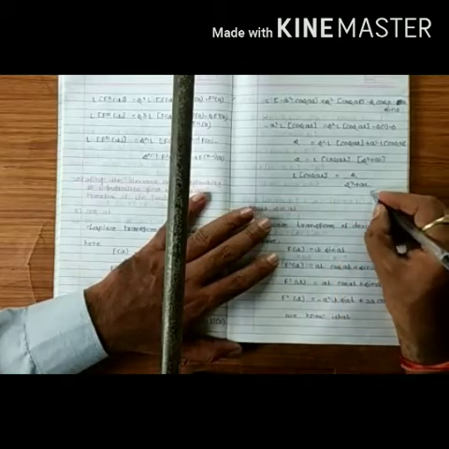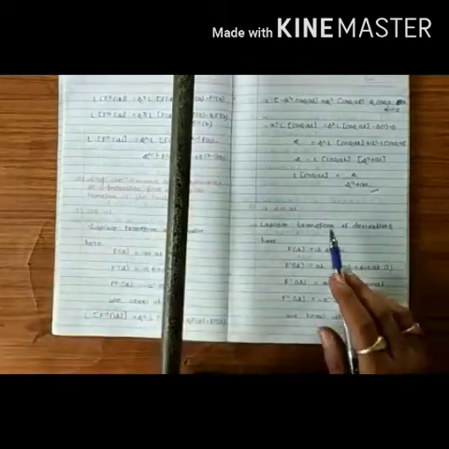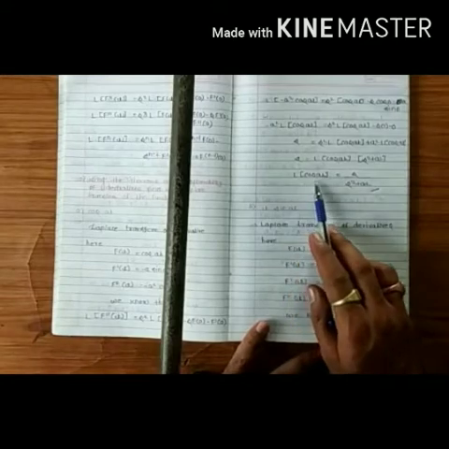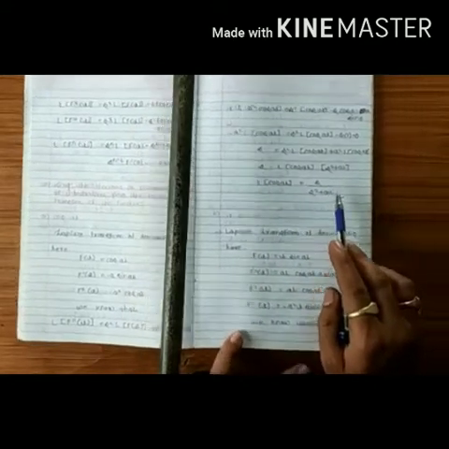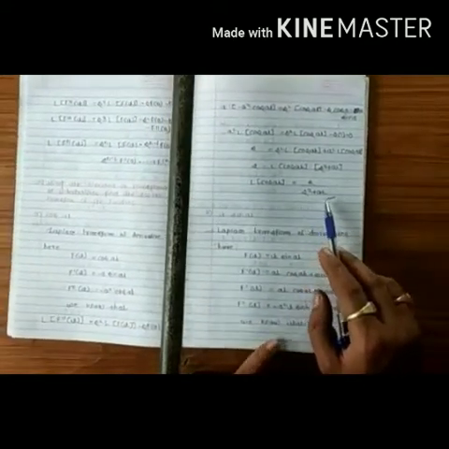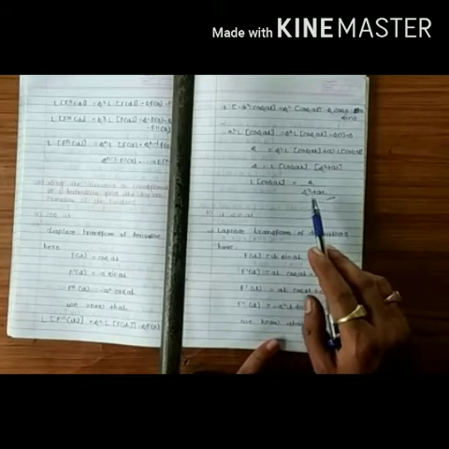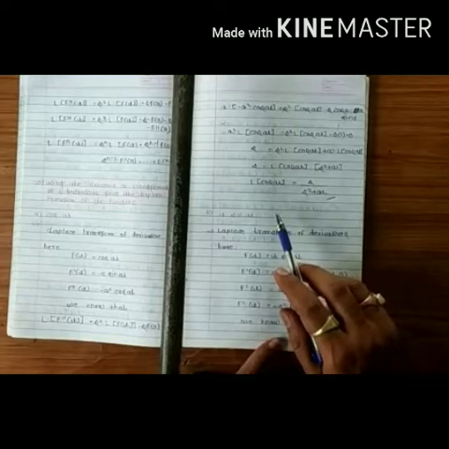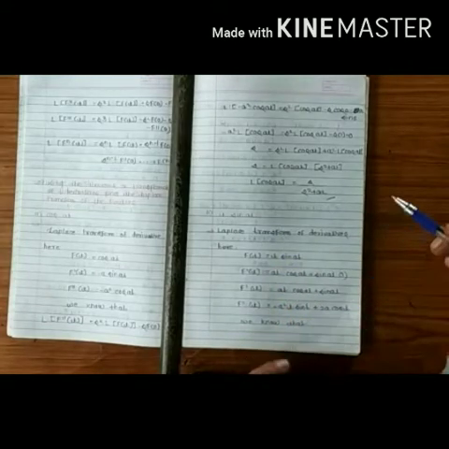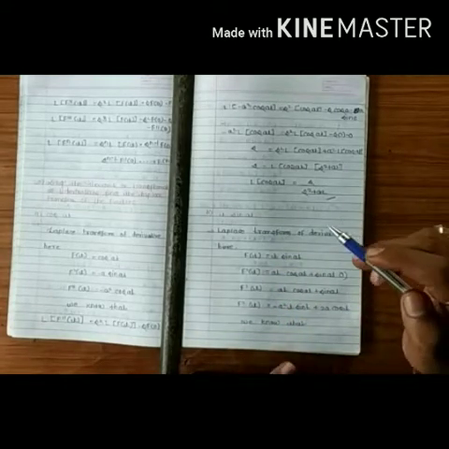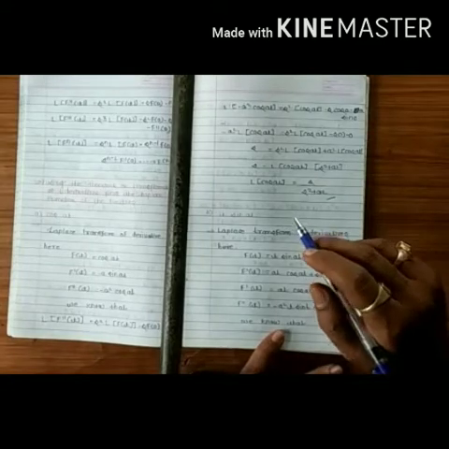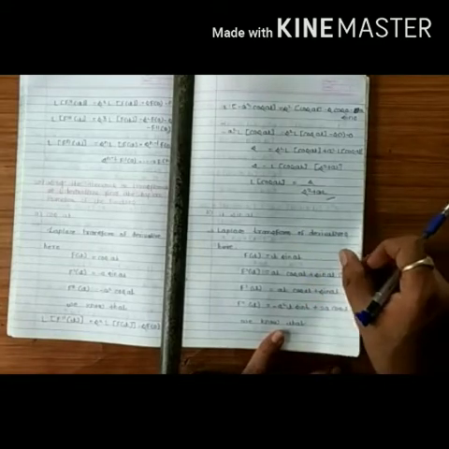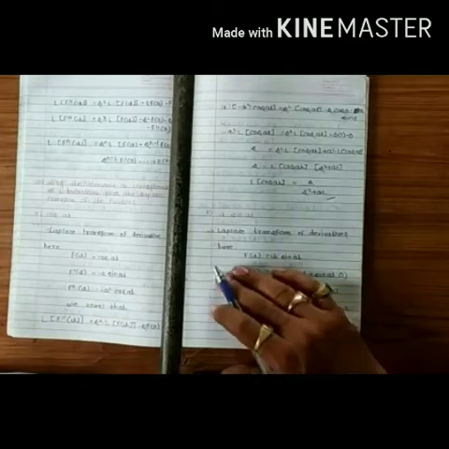We know that the Laplace transformation of cos at is s upon s square plus a square, and it is proved. So we can find the Laplace transformation of any function using the Laplace transformation of derivative.